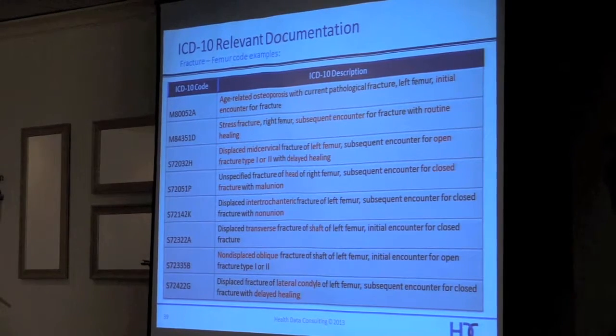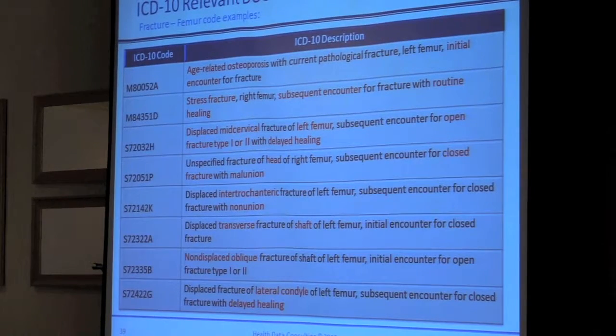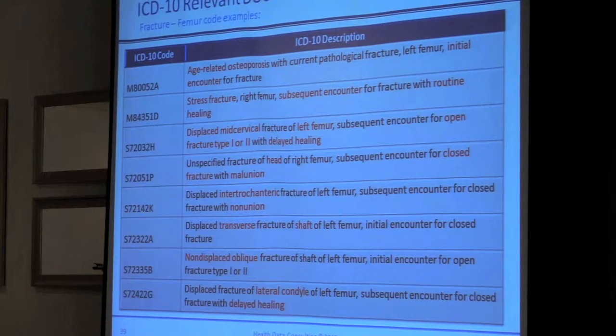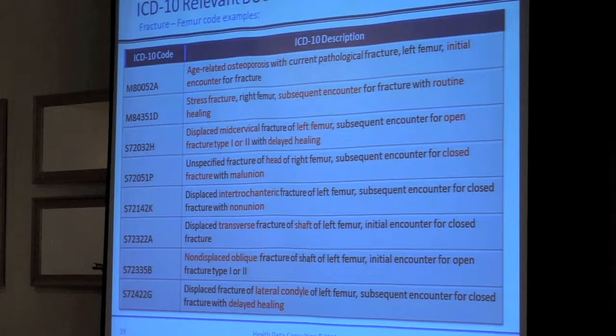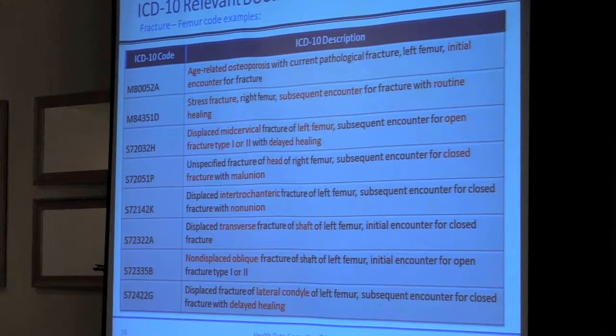Intertrochanteric fracture, transverse fracture, non-displaced, lateral. Now, the one thing I did want to say about unspecified, sometimes you get the option of using unspecified or other. Right? Looking at the code, it means the same thing. I don't know what it was. But if it's not on the list, it's other. If you didn't look at the list, it's unspecified. The way that most payers are going to look at it, they're going to look unkindly at unspecified, but other is okay.